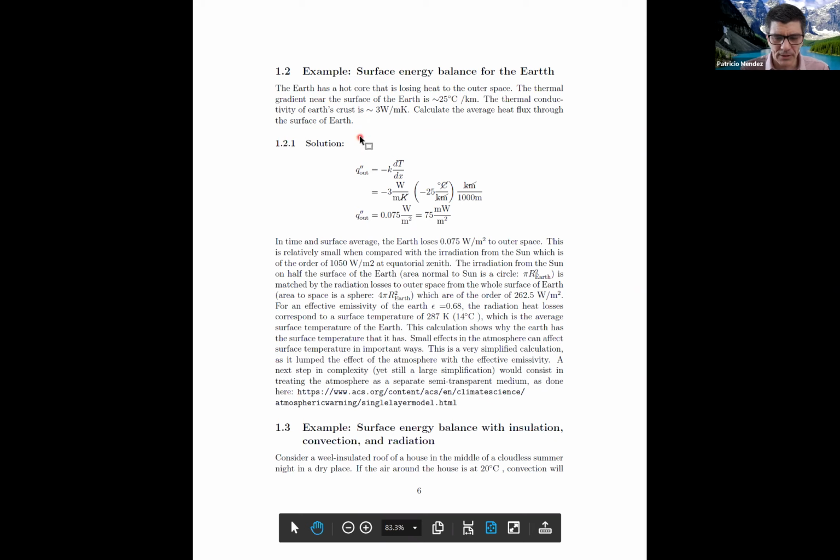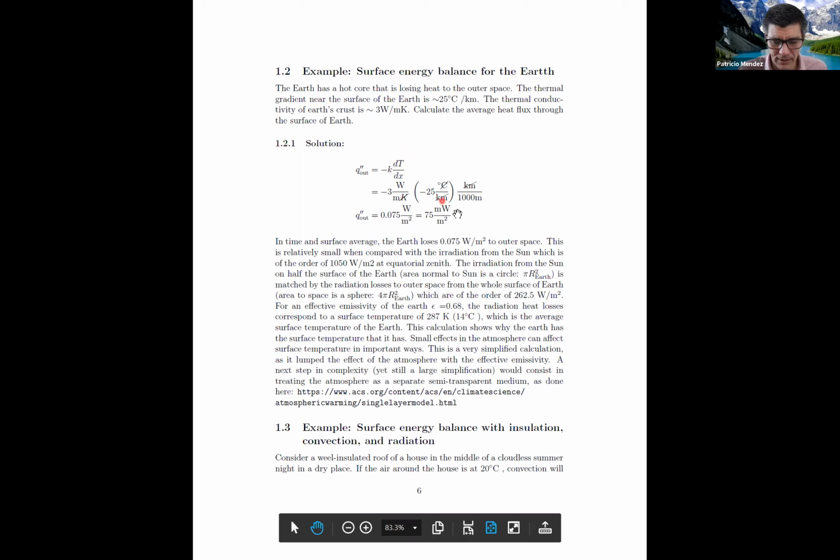So the question is, what is the average heat flux coming out of the Earth? We use our differential energy balance on the surface. Whatever goes out of the Earth is the same as what comes in by conduction, and conduction per unit area is this expression that we have seen in week 2.